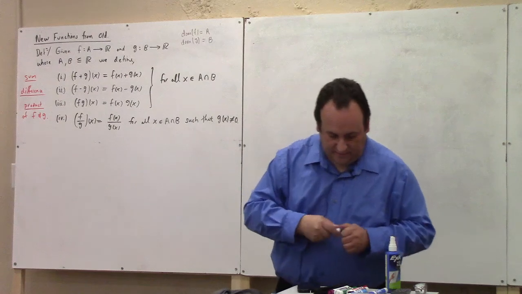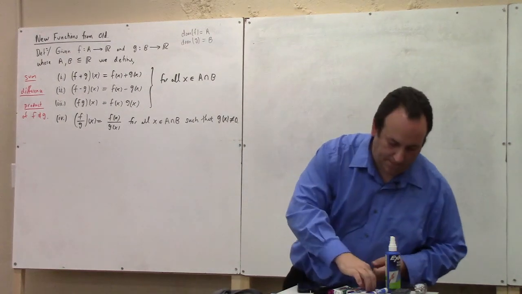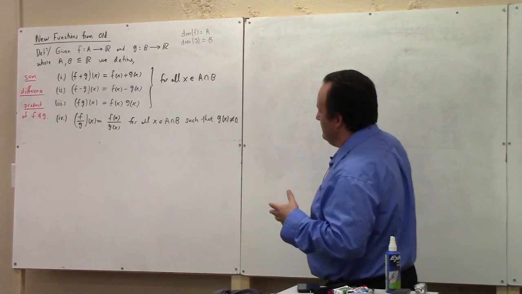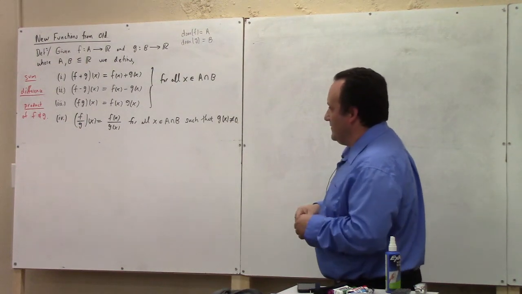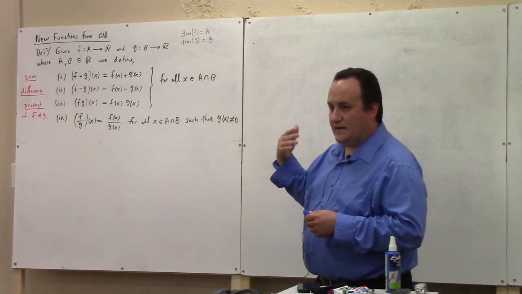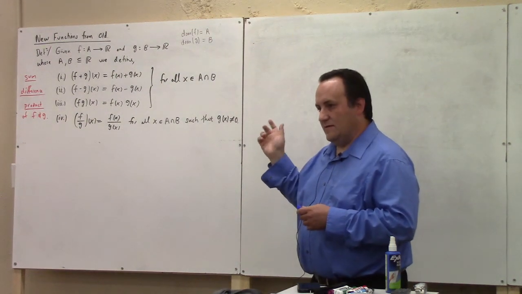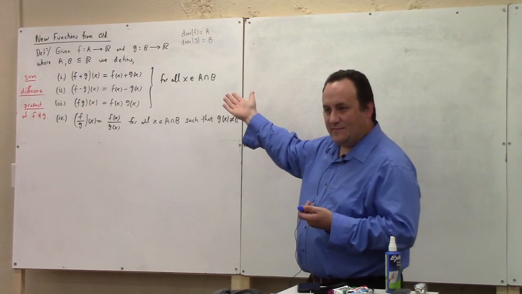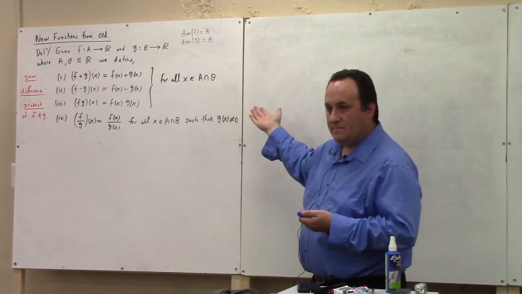Now let's look at an example, right? And I think the main tricky thing for you guys probably is just figuring out the domain of the new function, because everybody can do these operations. Adding, subtracting, multiplying, that's not a big deal.